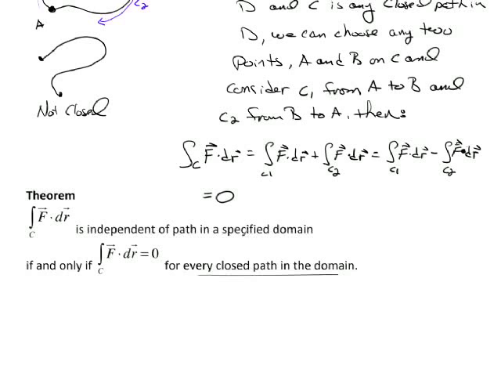By saying the specified domain, what I'm really saying is whether we're working in R2 or in R3. I'm not distinguishing between these. So again, the line integral of f dr is independent of path in a specified domain, either R2 or R3, if and only if the line integral of f dr equals 0 for every closed path in that domain.